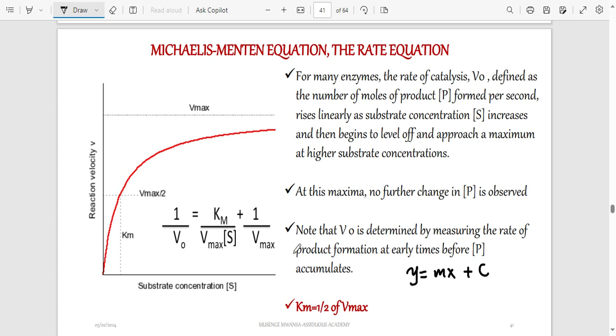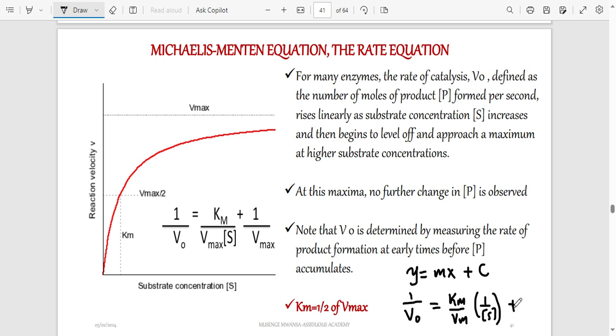So for this reaction, y is represented by 1 over the initial speed, and the gradient, m, is represented by Km divided by Vmax. And then x is represented by 1 over the concentration of the substrate.